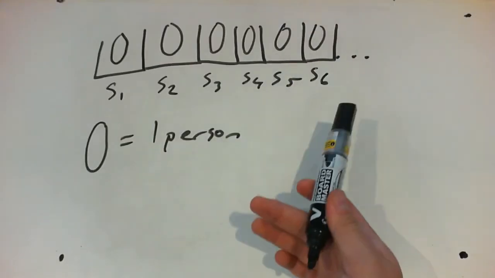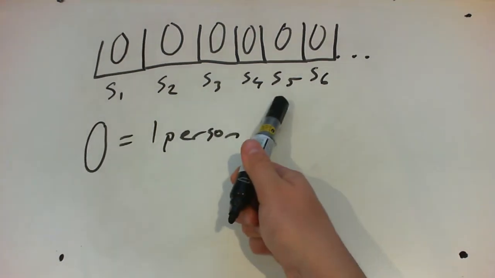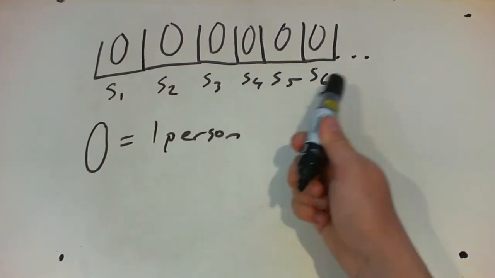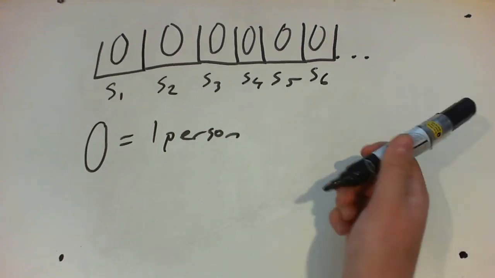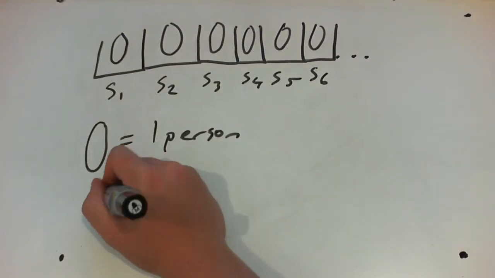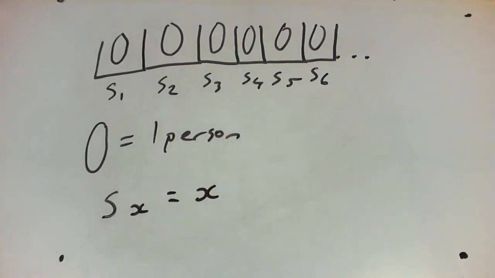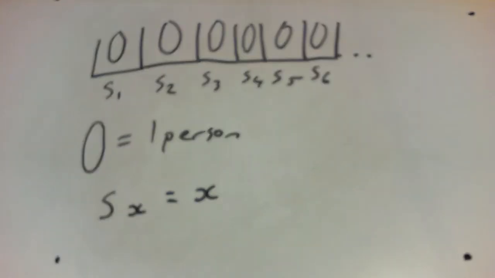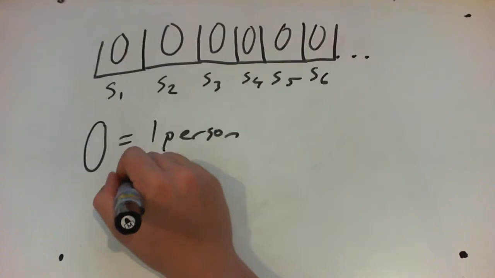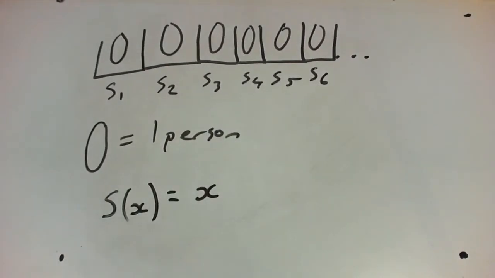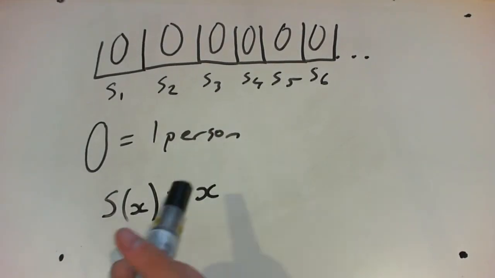There's 6 people after 6 spots. After 5 spots, there are 5 people. After 4, there are 4. And we can say after 30, there are 30 people. Meaning that every x spots gives us x people. And this can be written as a function, because you can use any letter, meaning S(x) equals x people.